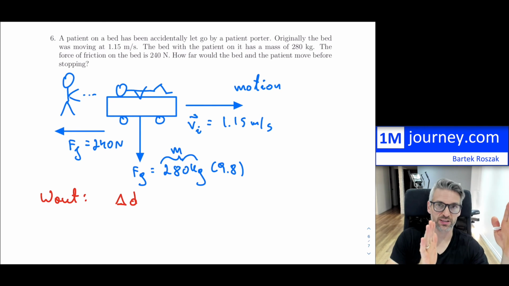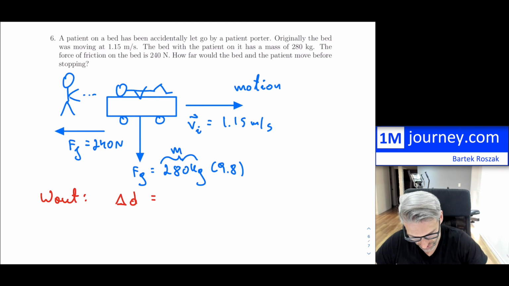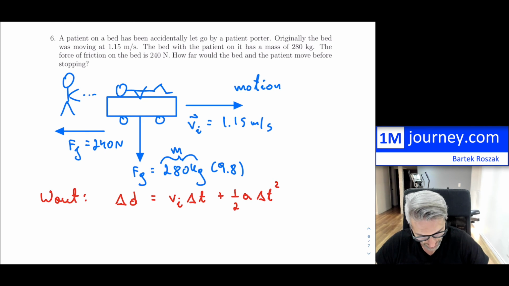So we need that acceleration in some way, because in order to find this, you have to go back to this equation: VI times delta t plus 1/2 acceleration delta t squared.